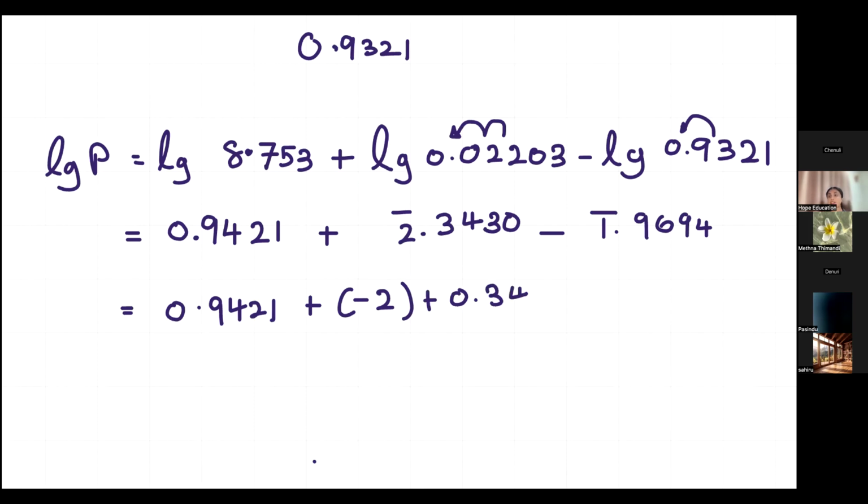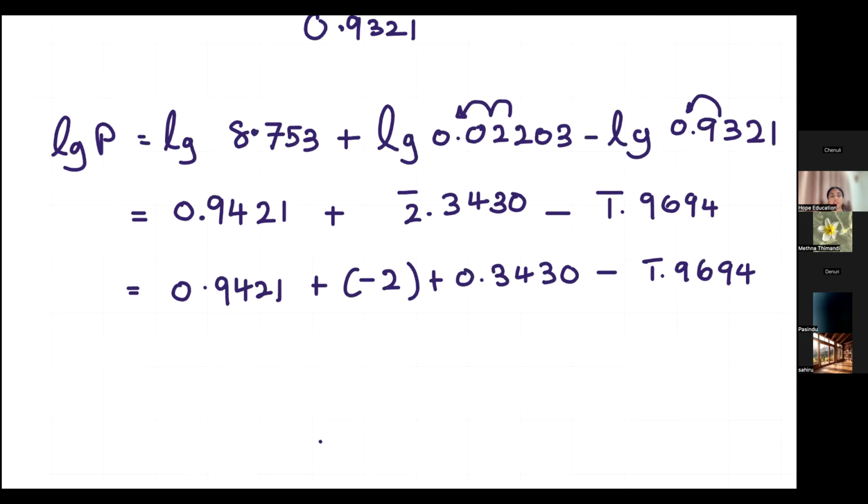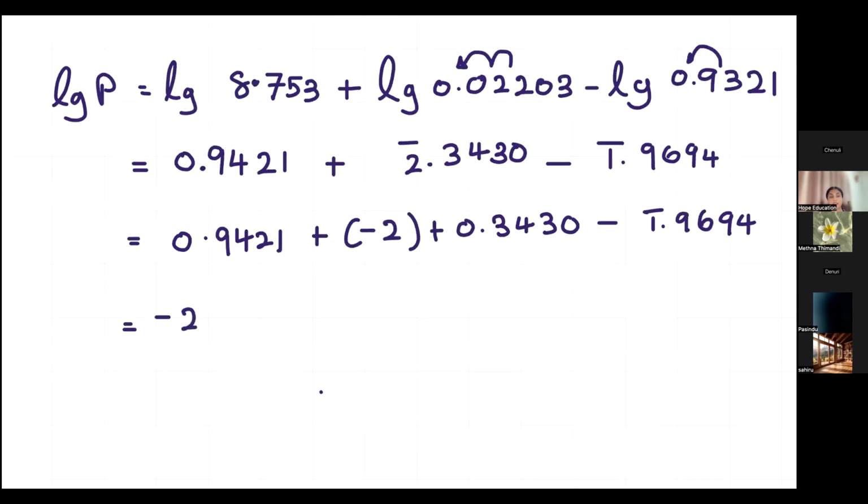I will first finish this addition and then come to this. So for the characteristic -2, I will write -2 at the front, then plus 0.9421 plus 0.3430, minus. I will write this the same way.